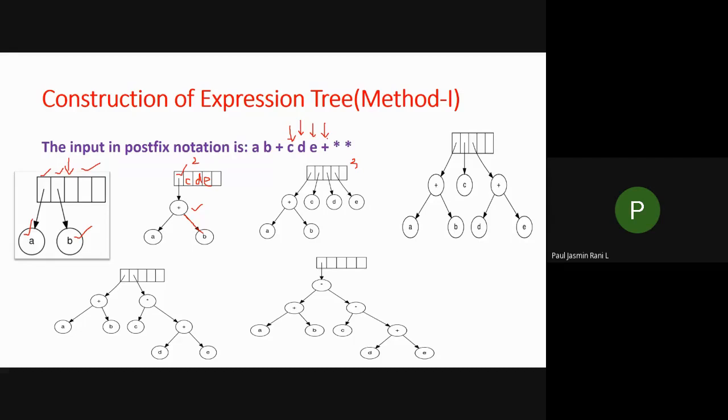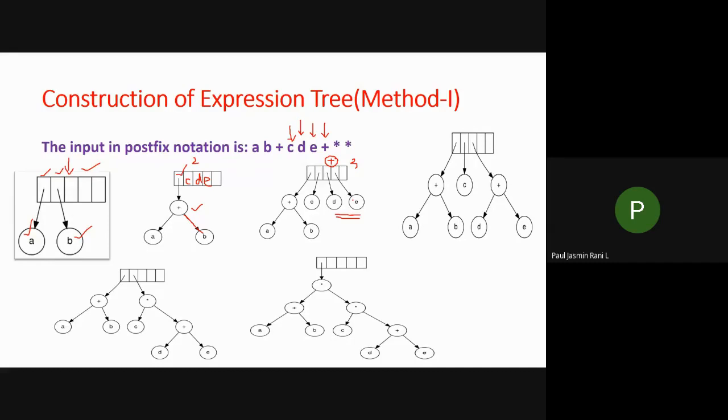What are the two elements? They are the topmost elements from your stack, meaning you have only D and E, isn't it? You should not consider this other part; you have to see only D and E. Plus is your operator, and you are going to pop these two elements D and E and create your tree data structure.